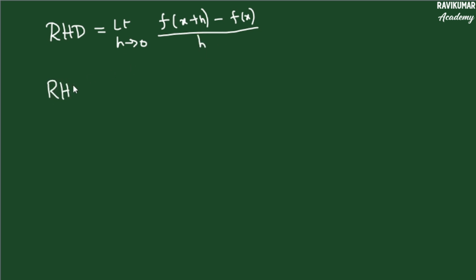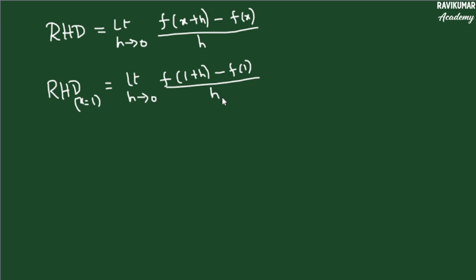So right hand side derivative at x equal to 1 is limit h tends to 0 f of 1 plus h minus f of 1 by h. Because we are dealing to the right hand side of 1, on the right hand side of 1, the function f of x is 3 minus x, right? So we should deal with the function 3 minus x here.